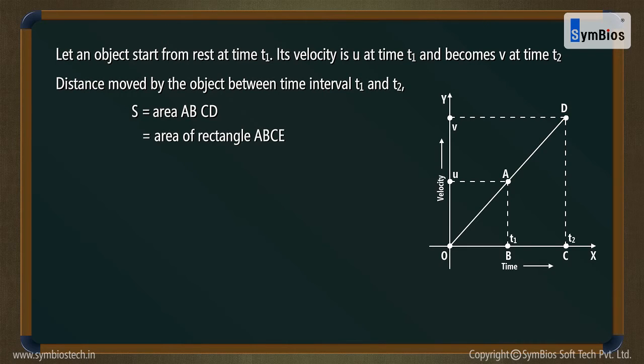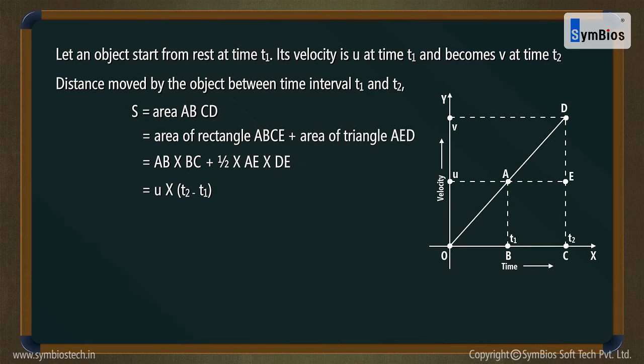Area of rectangle ABCE plus area of triangle AED is equal to AB into BC plus half AE into DE, is equal to u into (t2 minus t1) plus half (t2 minus t1) into a into (t2 minus t1). s is equal to ut plus half at square, where t2 minus t1 is equal to t.